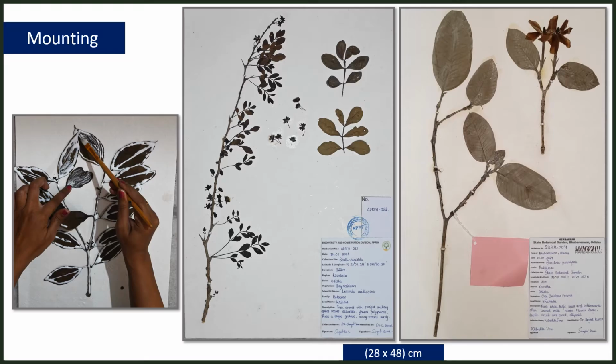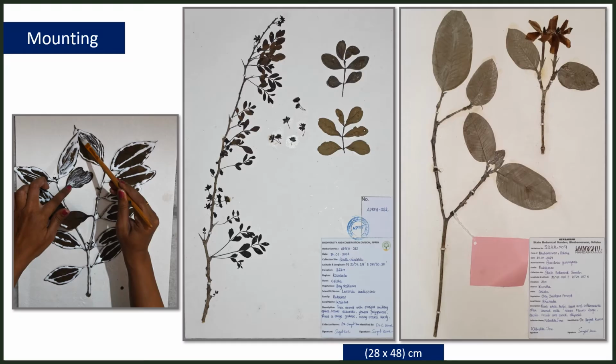Once the plant specimens are poisoned and dried, then they are ready for mounting. For mounting, you can make use of glue, and neatly apply the glue using a brush, and then attach the dried plant specimen onto a herbarium sheet or the mounting paper.